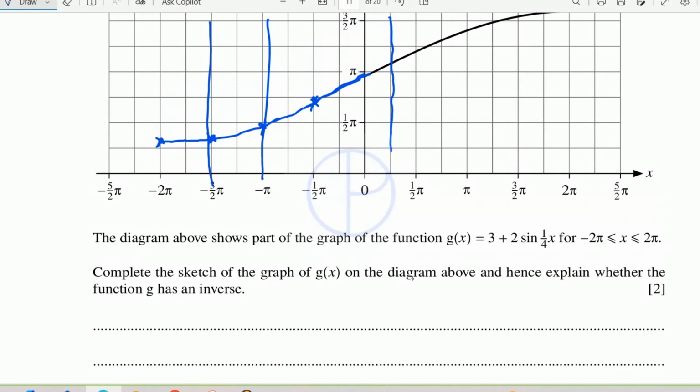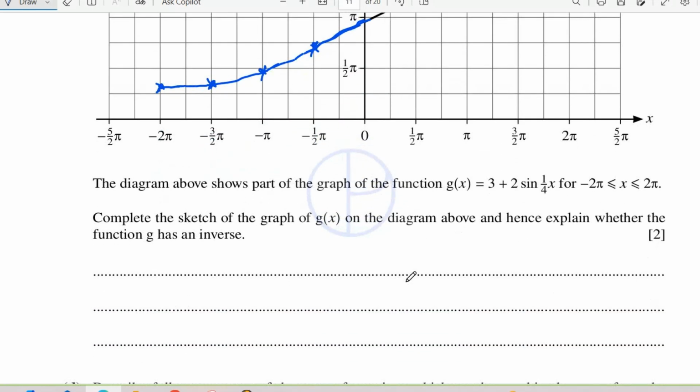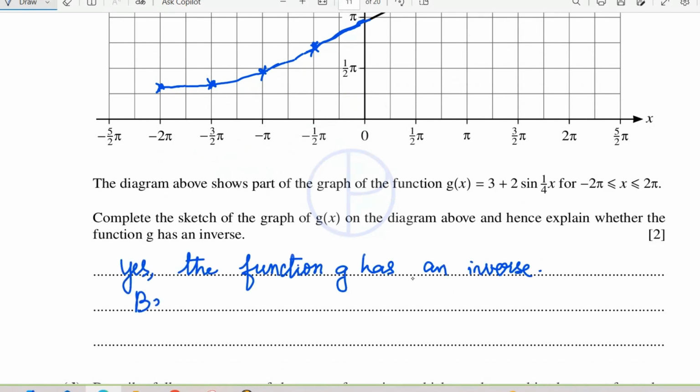So if it cuts at only one point, then it is a one-to-one function. So this curve at all the points cuts at only one point. So this is a one-to-one function. So it has an inverse. Yes, the function g has an inverse because it is a one-to-one function.